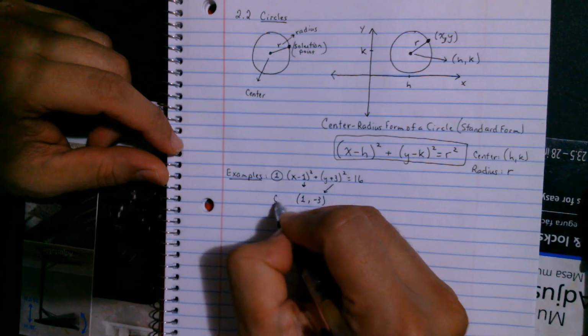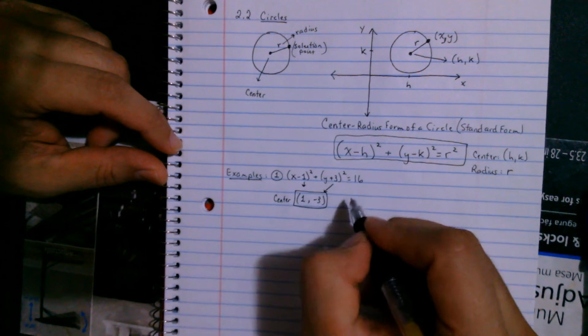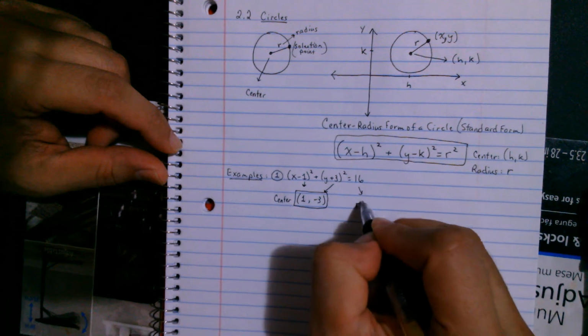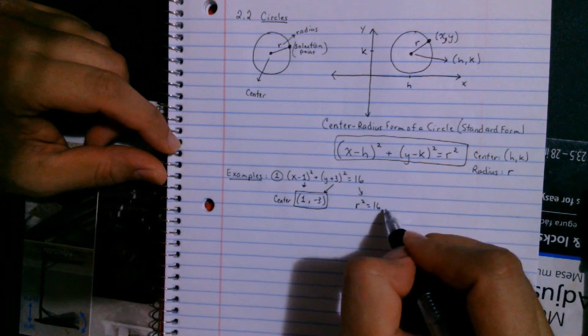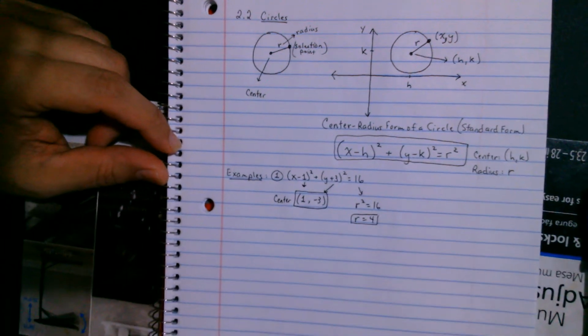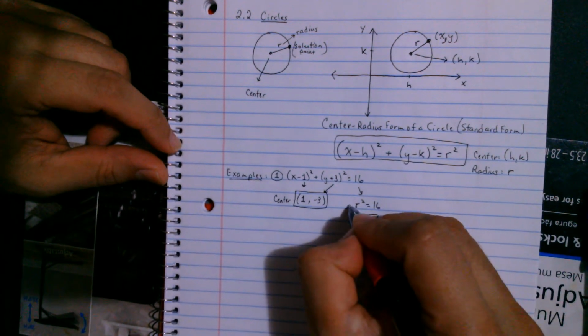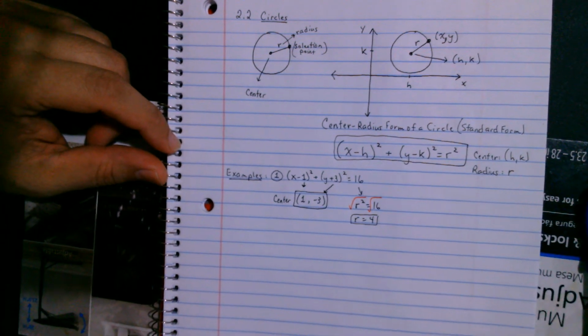Opposite signs. The radius comes from this side of the formula. That's r squared, so r is 4, solving for r by square rooting both sides.